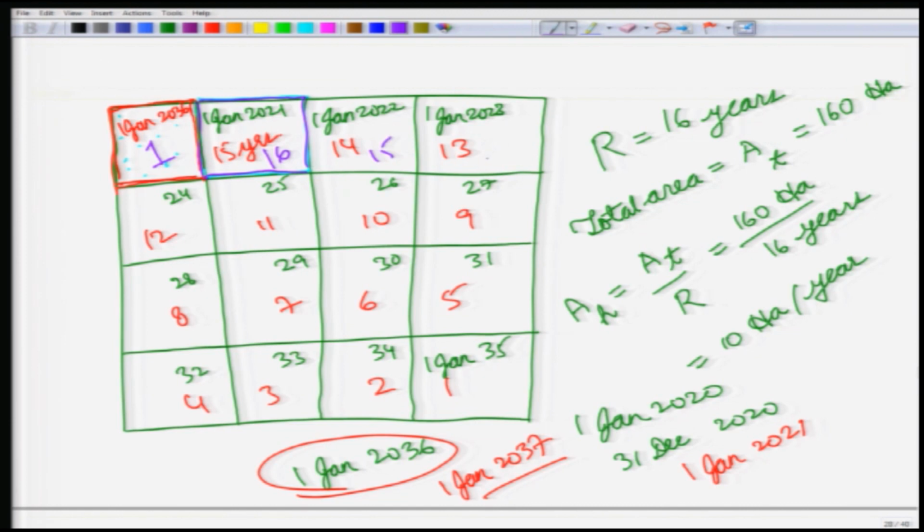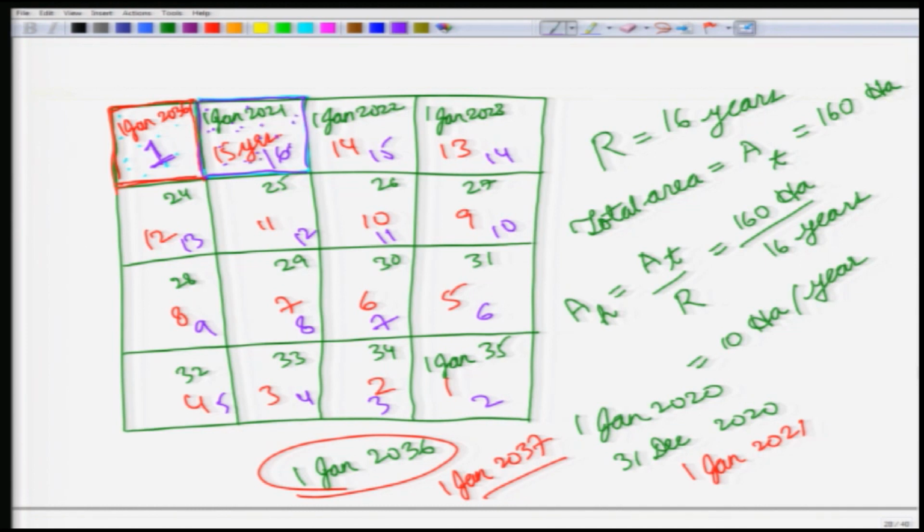This is 15, 14, 13, 12, 11, 10, 9, 8, 7, 6, 5, 4, 3, 2 and this one is 1. Now, on 1st of January 2037, what you do? You clear fell this section.